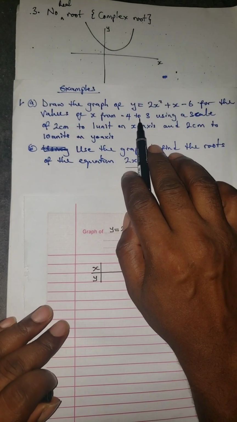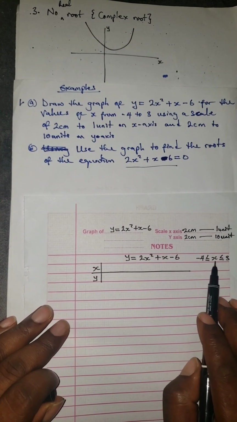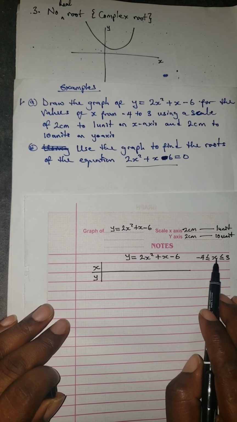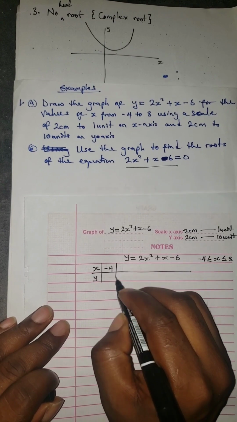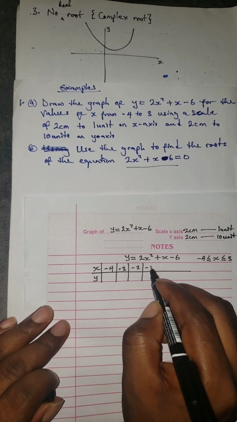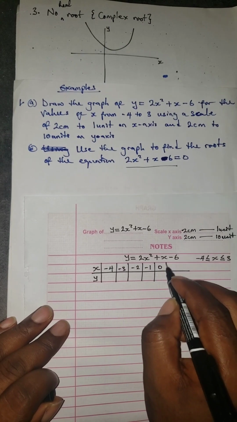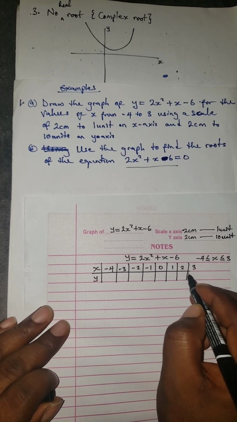So this range simply means that I'm going to start from -4, -3, -2, -1, 0, 1, 2, and 3.